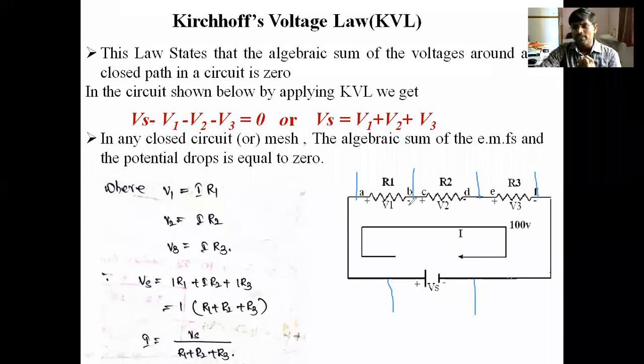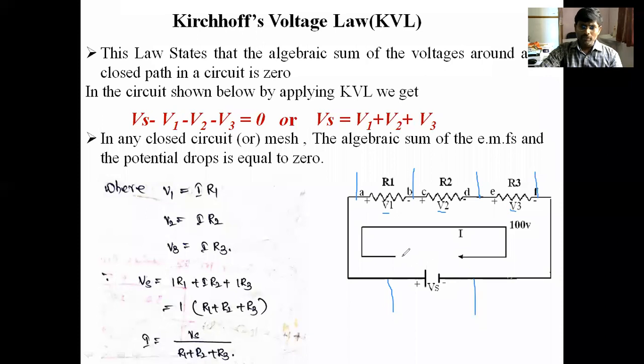Whenever current flows through a resistor, some voltage drop takes place. That drop is called V1, V2, and V3.